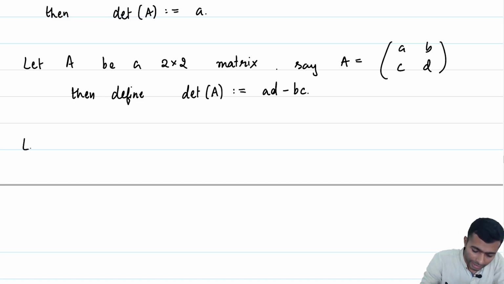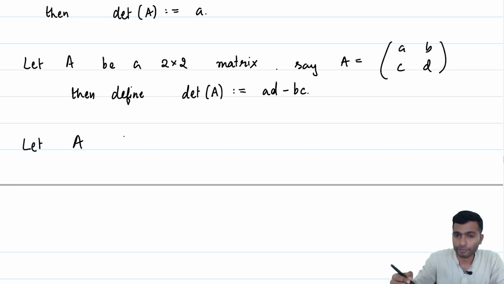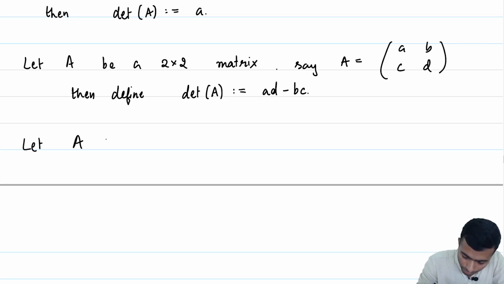So, definition. So, we have given the definition for n equal to 1 and n equal to 2 of a determinant. For more general n, we have to develop certain notions.